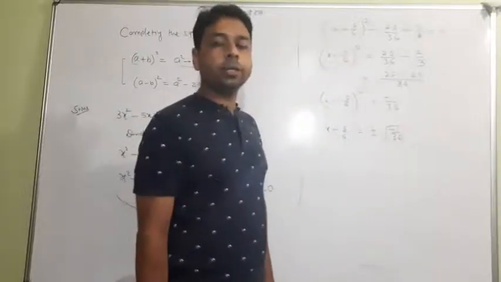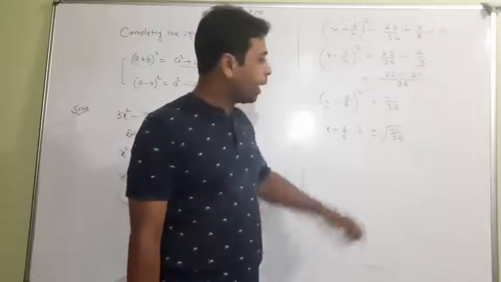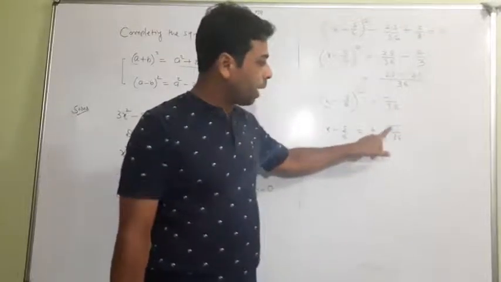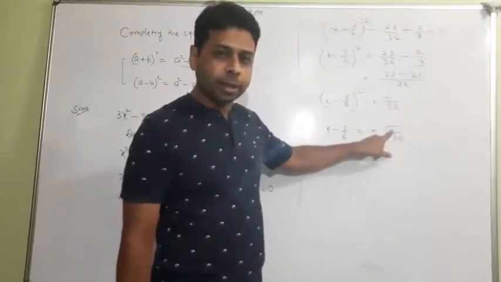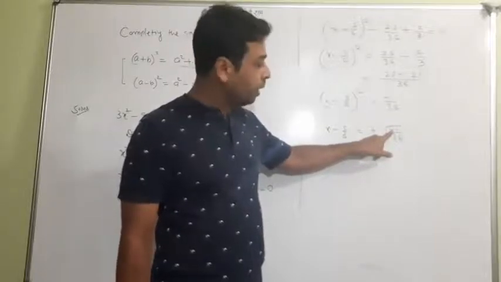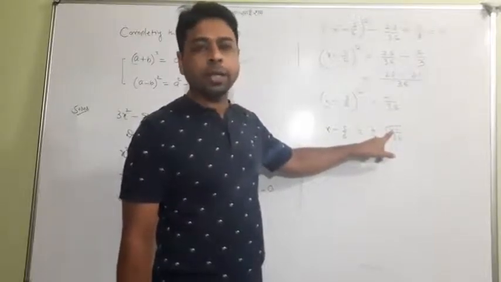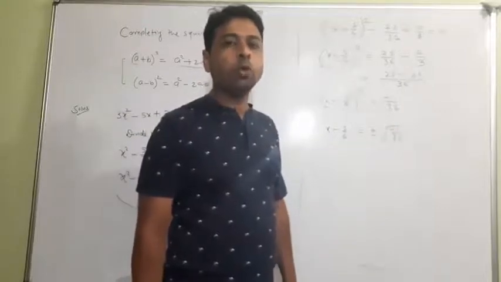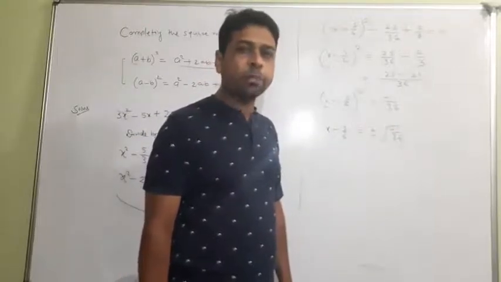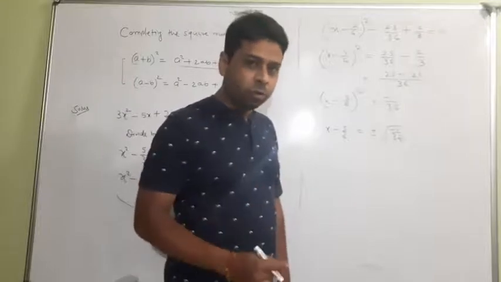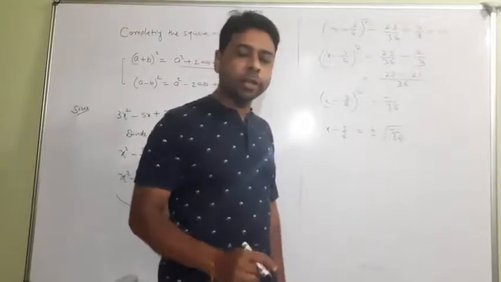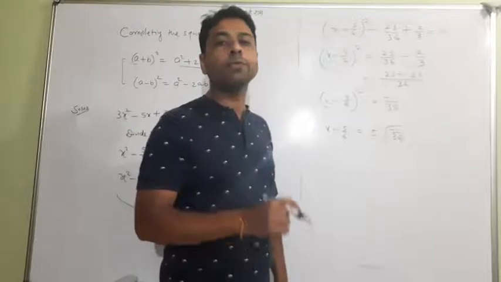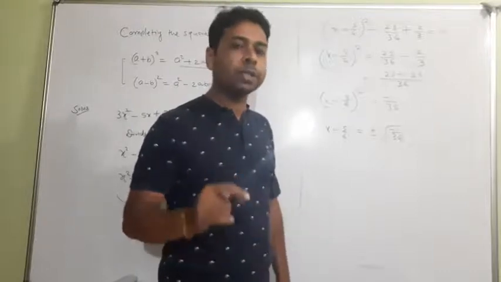I want to assure you that it is a square root, and under this it is a minus sign. So whenever there is any minus sign inside a square root, the value does not exist. Don't think that the square root of any negative number is possible. Listen carefully: the square root of a negative number does not exist.